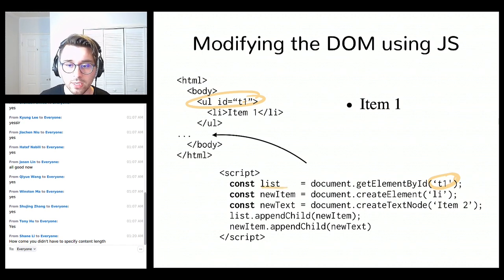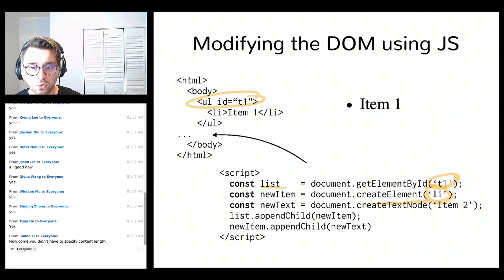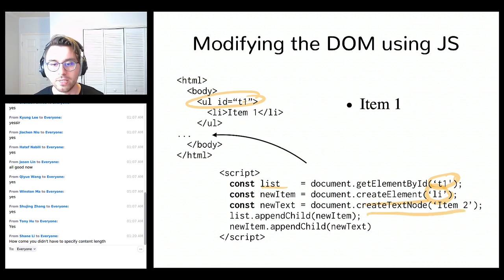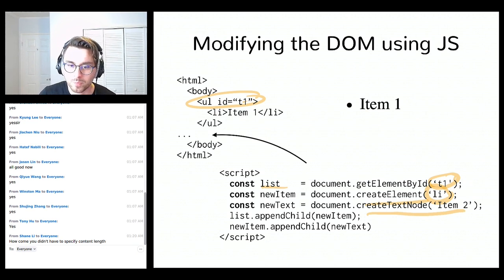Then we can create a new item. So document.createElement lets us actually do that. In this case, we're specifying the kind of element we want to create is a list item, or an LI. Within this list item, we want to actually insert item 2. The way we have to do that is we have to create a text node, and with this text node, we'll have content item 2. Then we're going to insert this new item into the list, and we're going to append to this item this actual body, which is the text.